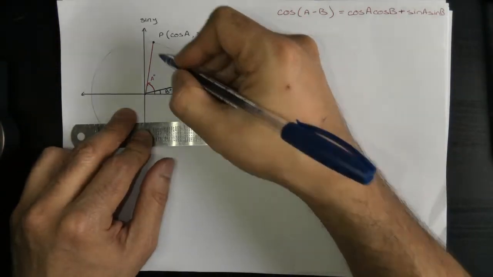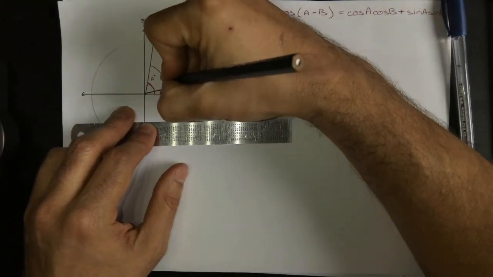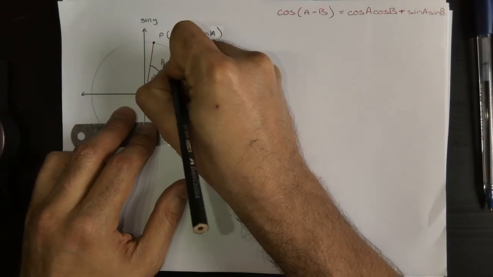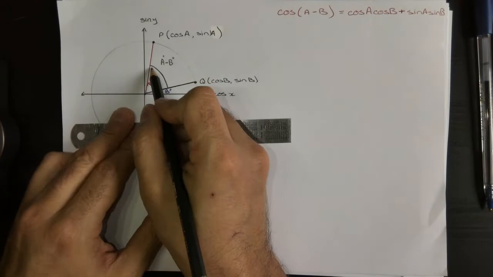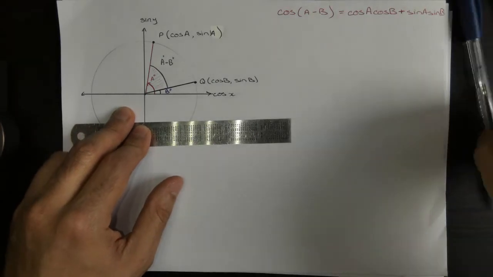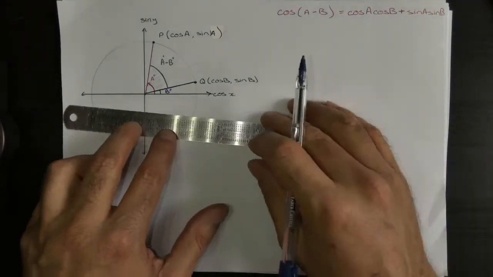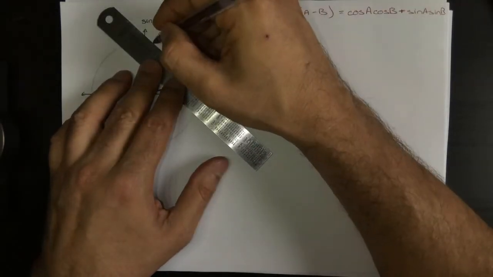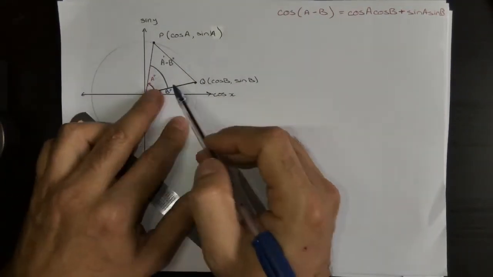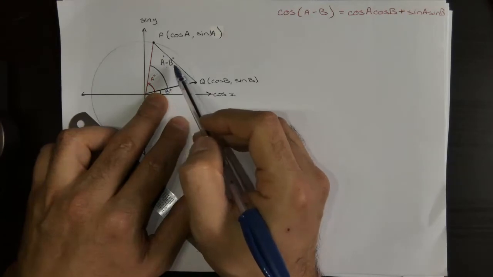Yep, because it made those triangles. So that means that this angle in here would technically be A minus B. That angle just in the middle bit, that'll be A minus B. If I then draw lines and connect those 2 points, I create a non-right angle triangle with the included angle being A minus B. Okay.